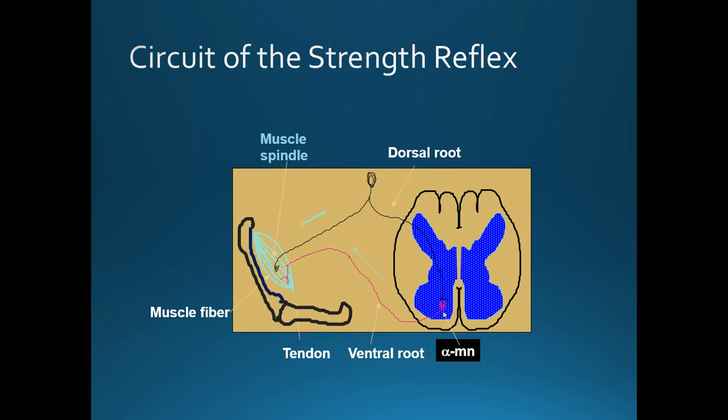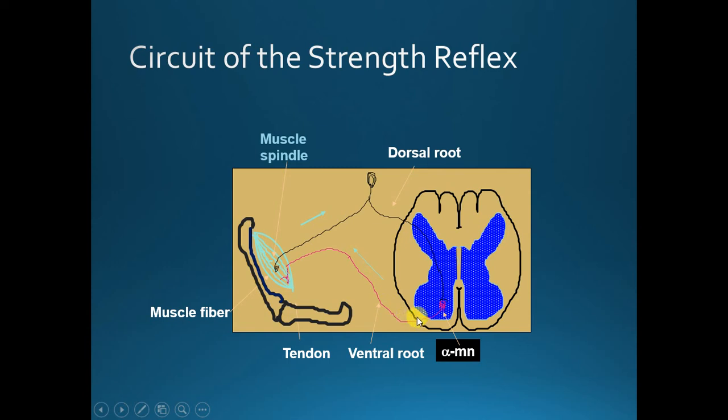The circuit of the stretch reflex is shown in the figure: muscle spindle, dorsal root, muscle fibers, tendon, ventral root. The stretch reflex signal goes to the dorsal root, and the motor output comes from the ventral root.